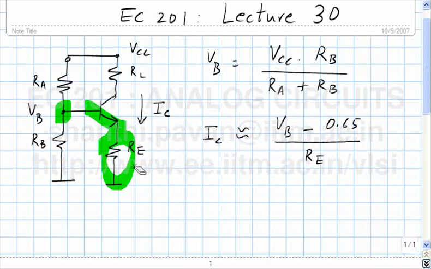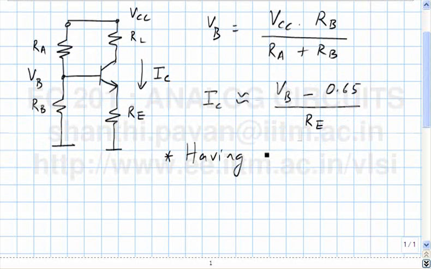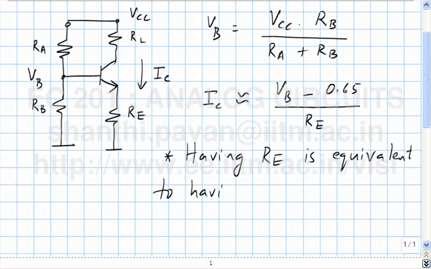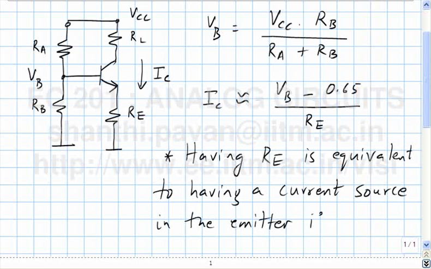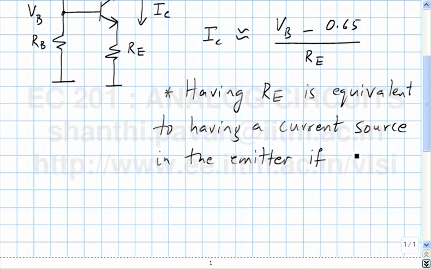Okay? And in the MOS case, having RE is equivalent to having a current source in the emitter if RE is very large.